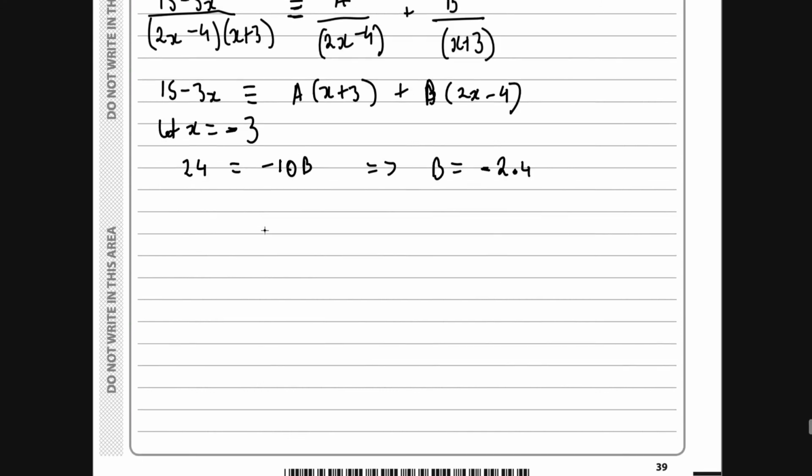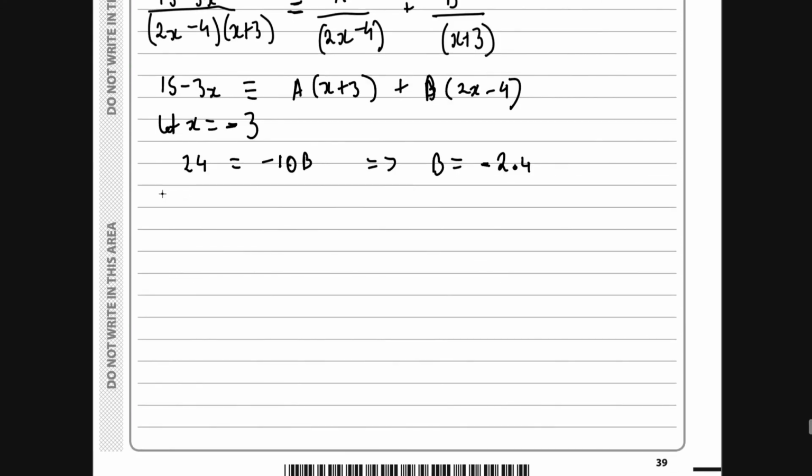Now I'm going to apply a similar technique for a, and just need to think what x value I can put in here to cancel b out so I can focus on a this time, and that's going to be 2. So I'm going to let x equal 2, and when we substitute 2 into this part of the equation, we get 9, and 9 is going to be equal to 5a.